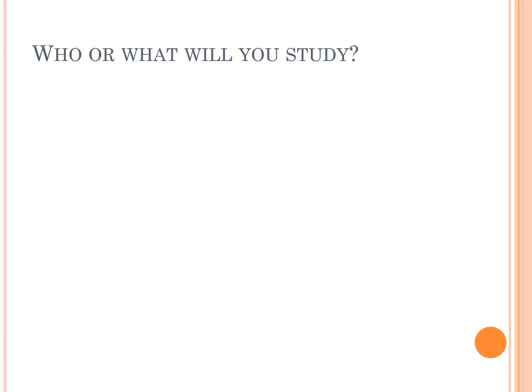The next question for sampling is, who or what will you study? In terms of answering this, the first question to answer is, what is your unit of study? The unit of study is a very diverse or wide-ranging possibility.